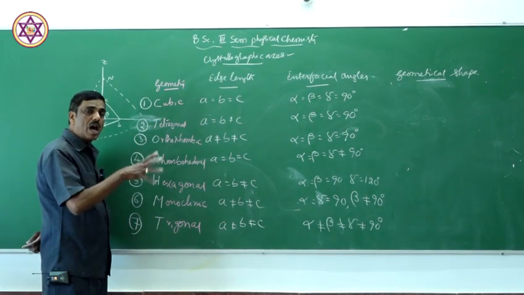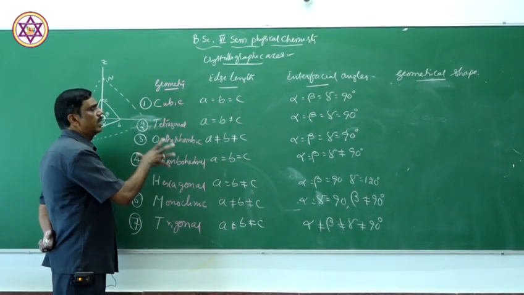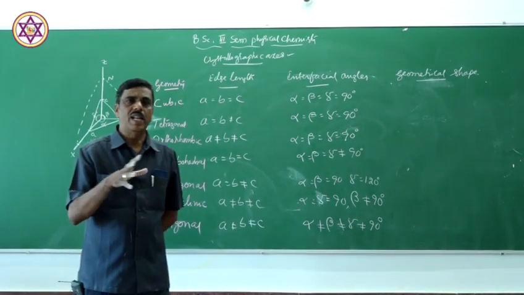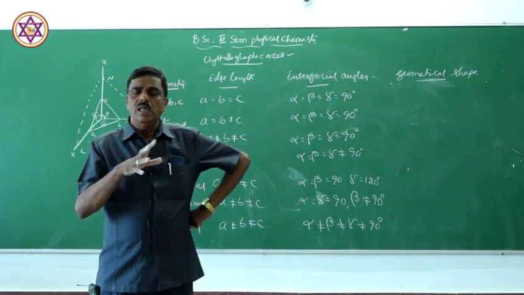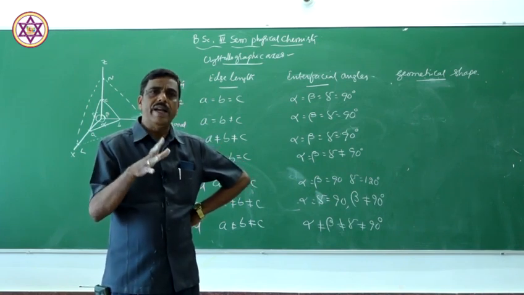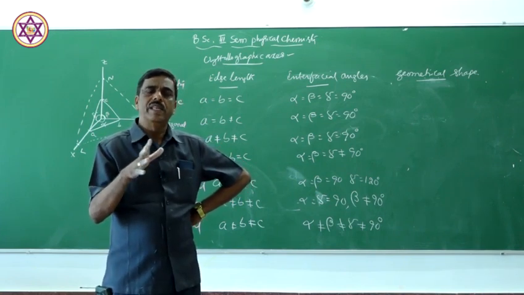How the atoms or molecules are arranged in this geometrical shape, that we call a lattice. A lattice is the arrangement of atoms or molecules in a crystal.